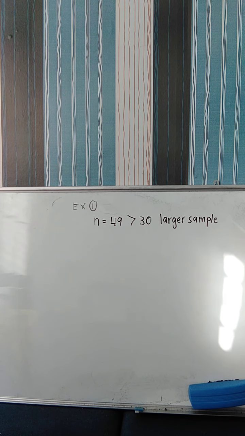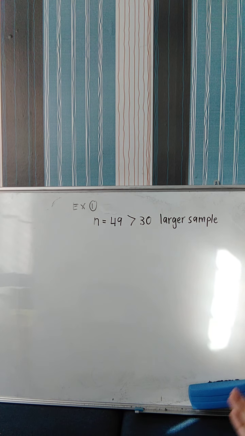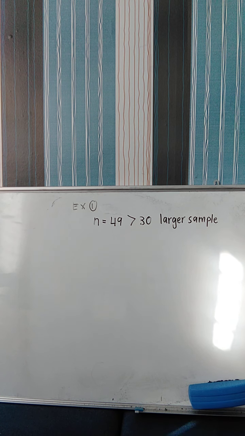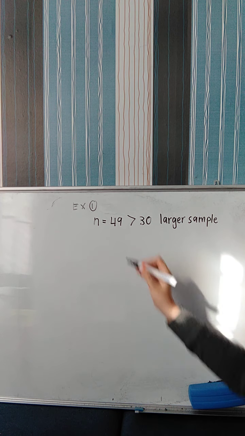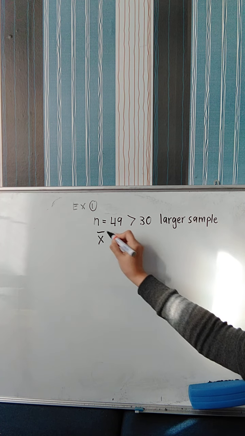The average amount spent was RM32.60. A sample of 49 customers over a 3-week period was randomly selected and the average spend was RM32.60. This is the value of X bar.